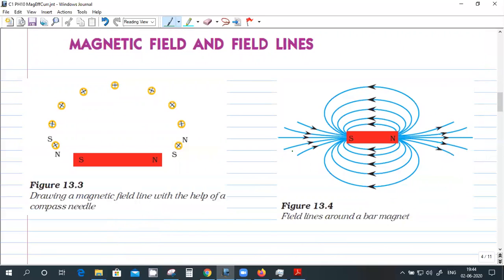And now we need the concept of magnetic field. You know what an electric field is? What is an electric field? The field produced by the flow of charges? No, it is there in electrostatics also.